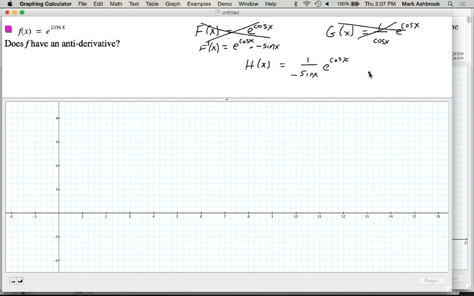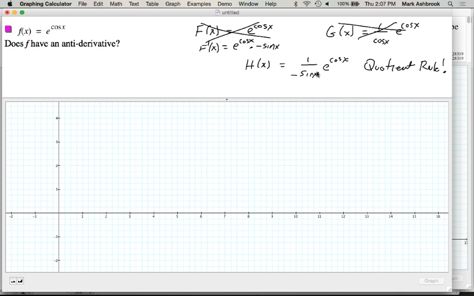No way. Why not? We've got e to the cosine x over negative sine x. What's the structure of that? Quotient rule, right? The quotient rule is going to blow up. It's going to be nothing like this. You can't do that trick unless it's a constant.